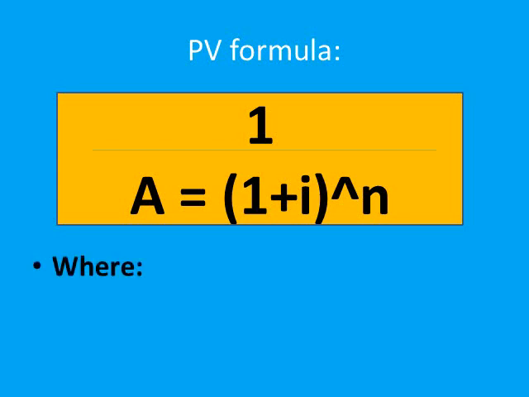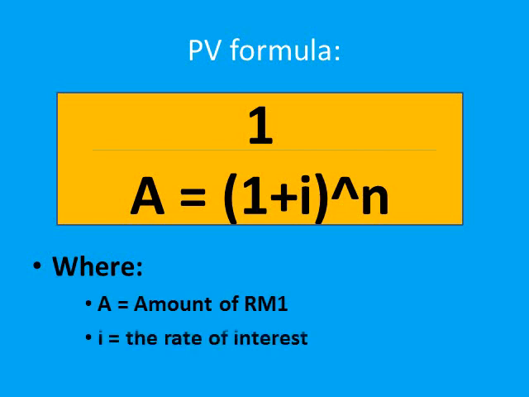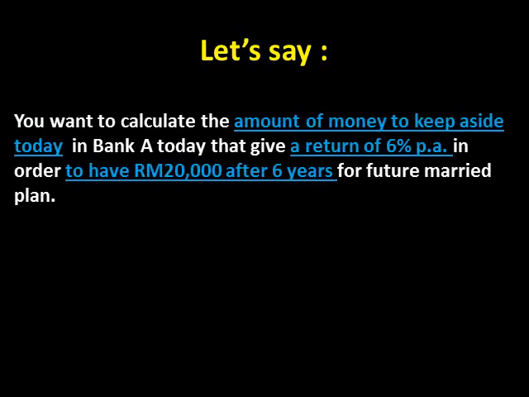A is the amount of 1 ringgit, I is the rate of interest, and n is the number of years. Let's say you wanted to calculate the amount of money to keep aside today, or to save today, in bank A that gives a return of 6% per annum, in order to have 20,000 after 6 years for a future marriage plan.